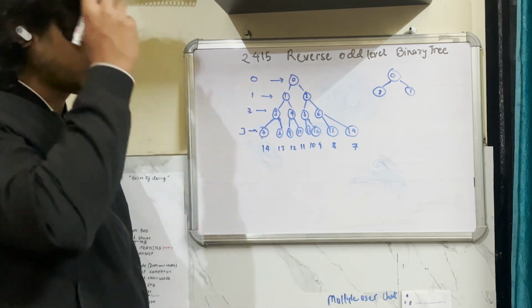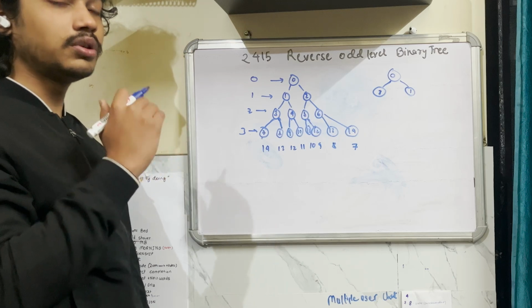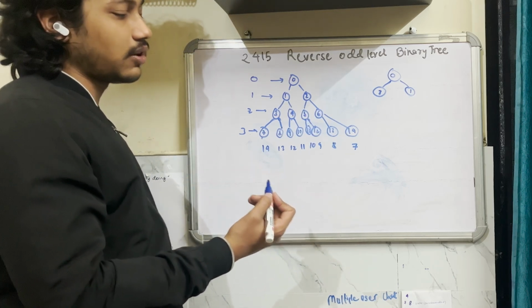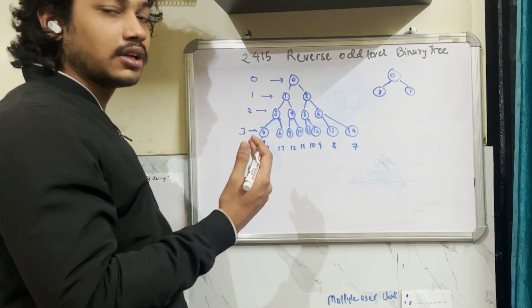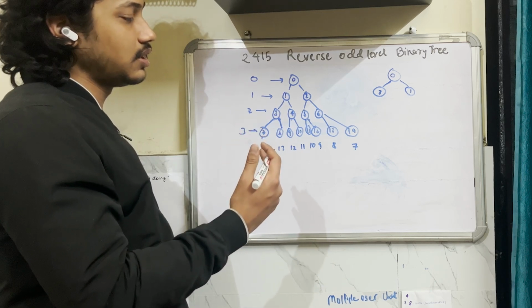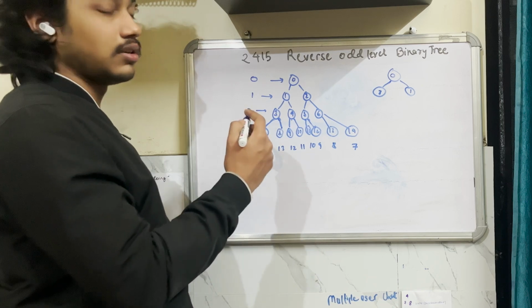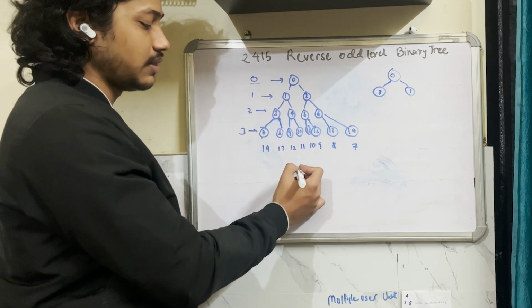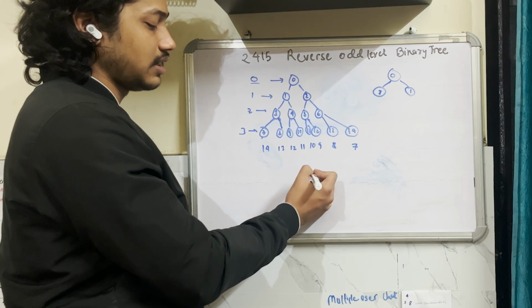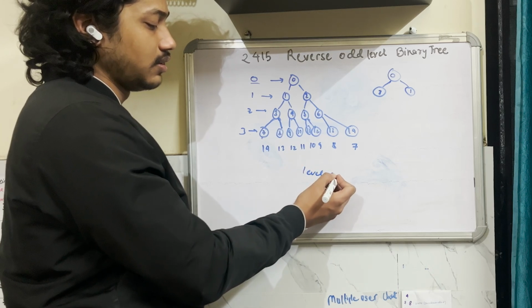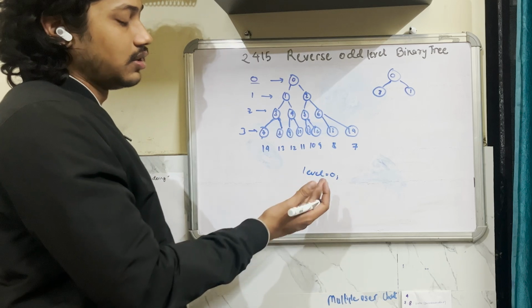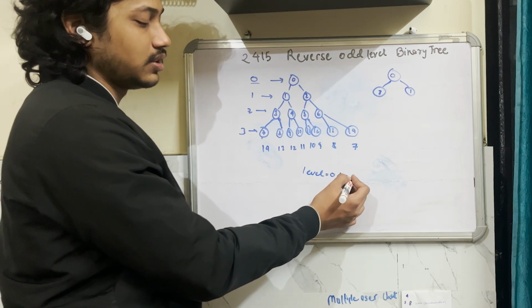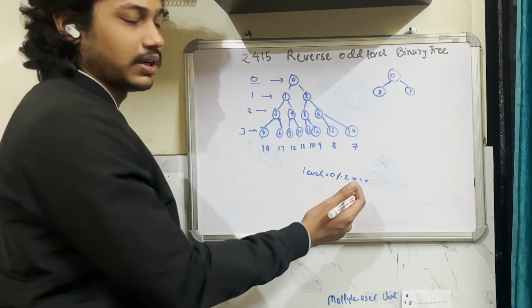It's asking to reverse the odd levels. The first thing you can think is how to know if the level is odd. You need some variable to keep track of the level that you are currently on. Let's say a variable named level, which starts from 0. If level modulo 2 is equal to 0, it is even.